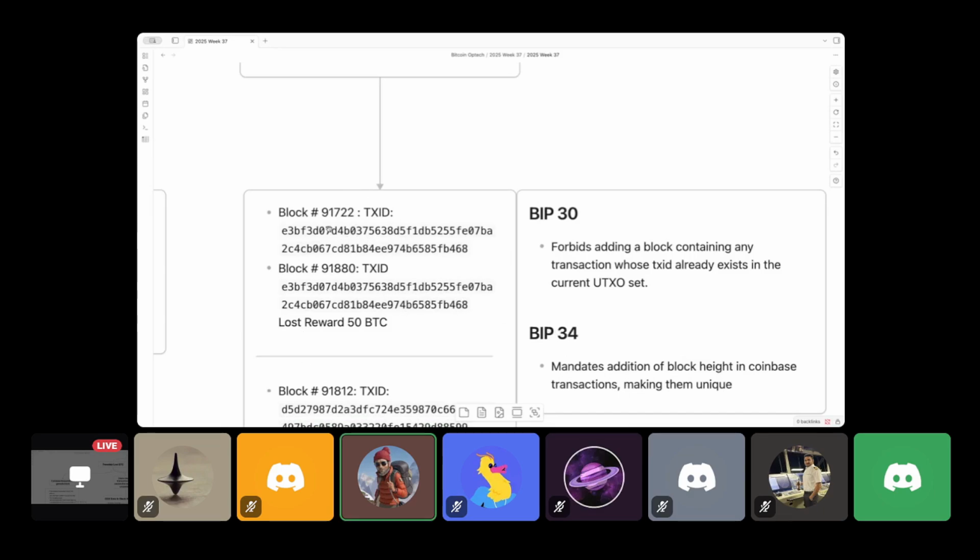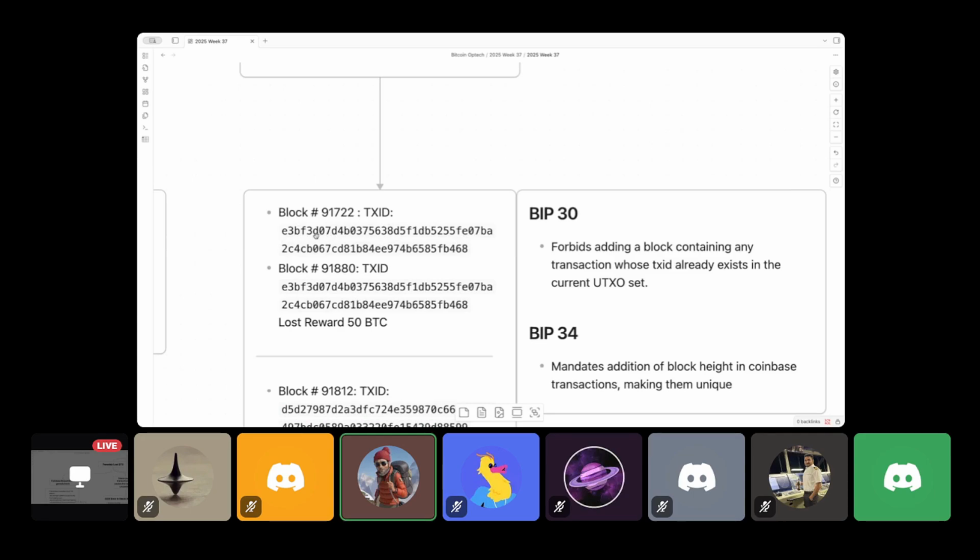This happened in blocks 91722 and 91880. Block 91722's Coinbase transaction ID is this. After a while, block 91880 also produced a Coinbase transaction with the same TXID. Now this TXID got replaced with this TXID, and so the 50 BTC reward that was in this TXID was lost irrevocably.